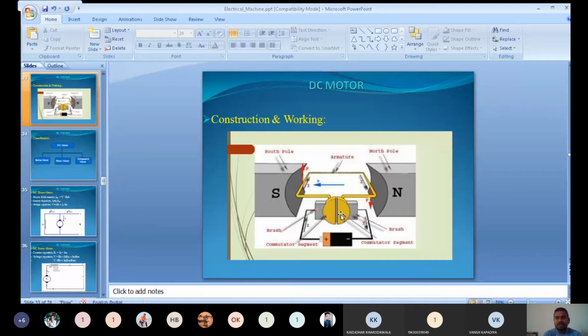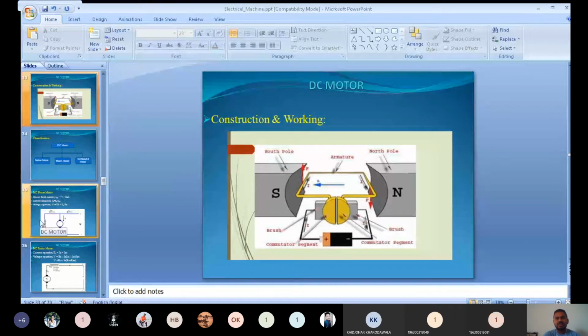Understood? When the armature rotates, the armature conductor cuts the magnetic flux, so EMF is induced, and this back EMF is equal and opposite to the supply voltage.